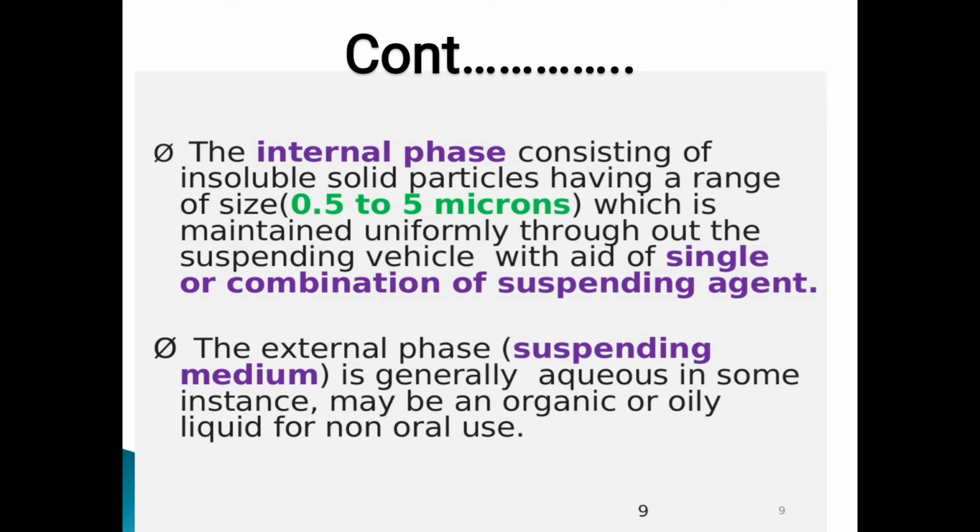The internal phase consists of insoluble solid particles having a size range between 0.5 to 5 micron, which is maintained uniformly throughout the suspending vehicle with the aid of a single suspending agent or a combination of suspending agents. So, what does the internal phase mainly consist of?